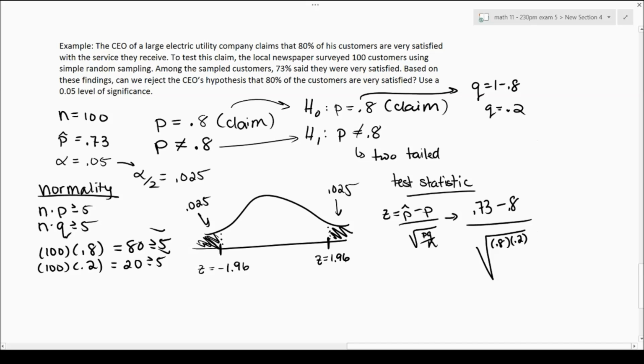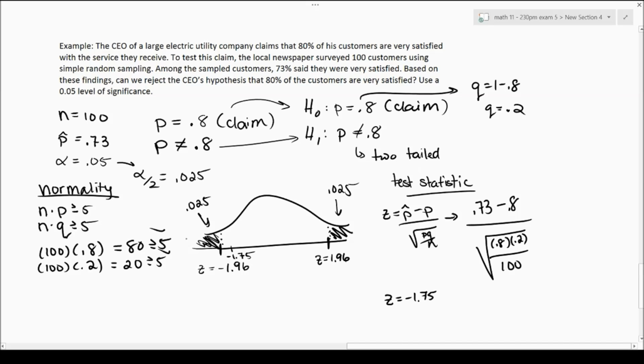Remember, p and q, that's the information that's obtained from the null hypothesis, divided by n, which is 100. I'm getting negative 1.75, which would be about here.